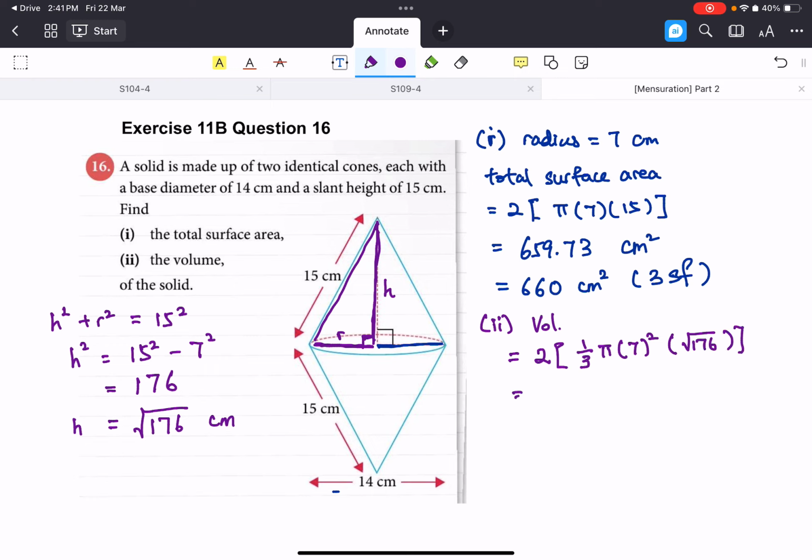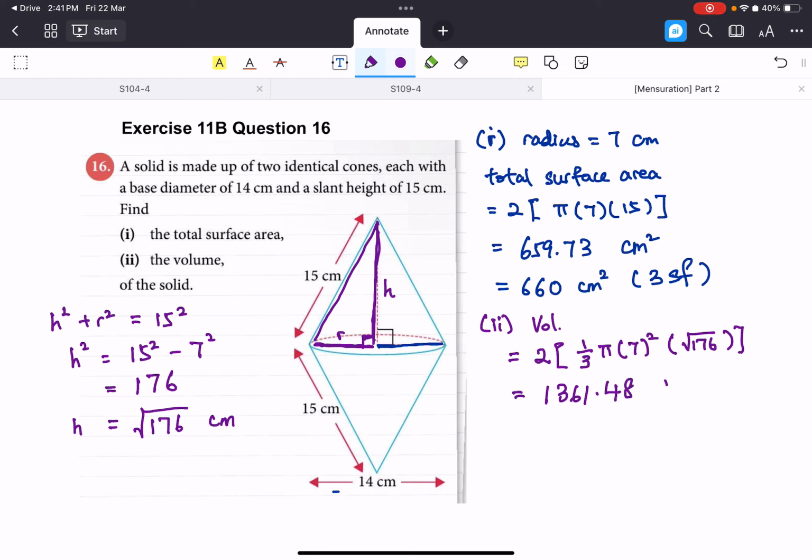So once again, just use our calculator. This is 7 squared times the square root of 176 times pi divided by 3 times 2, and that will give us 1361.48.